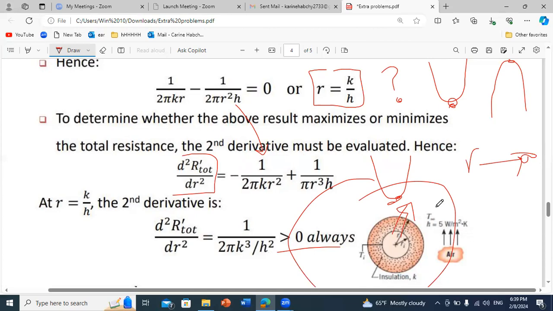But we know that we have the economical constraint, and we cannot increase the radius a lot because of cost and because of space limitation. So you say that the more I increase the radius above R critical, the more I can insulate. So this is how you can answer this question.